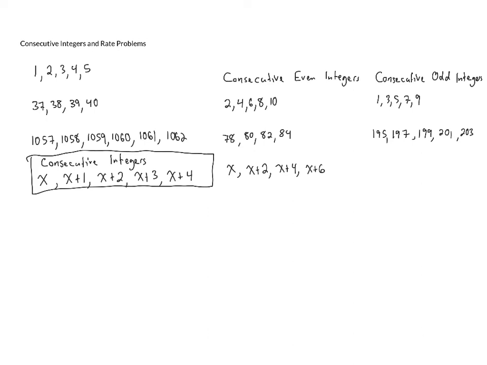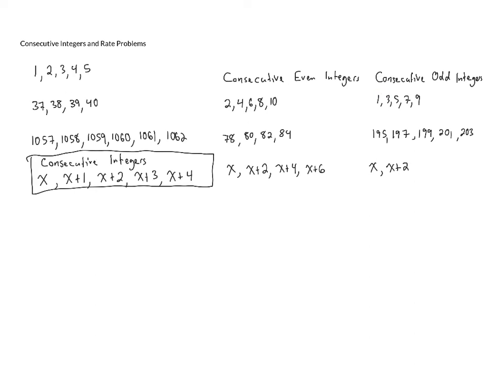The same thing is true when we have consecutive odd numbers. If we start off with x, then to get to the next odd number, we have to add 2. It's going to be x plus 2. The reason we have to add 2 is because if we started with an odd number like 1, and we want to get to the next odd number like 3, we've got to skip the even number in between, so we've got to add 2.